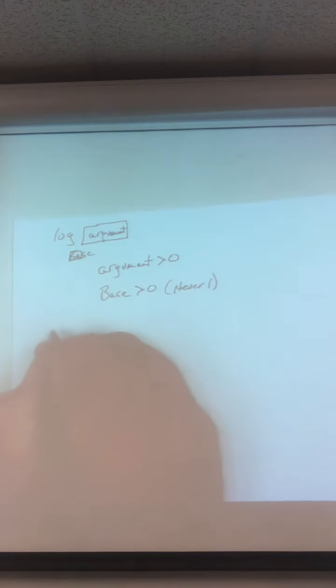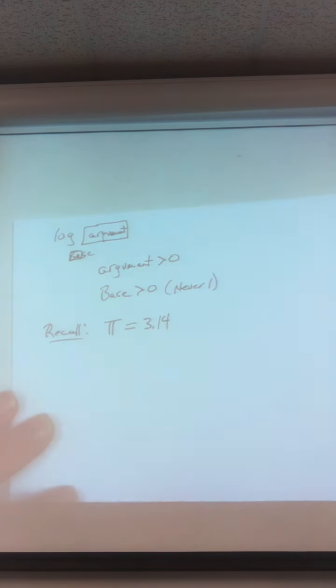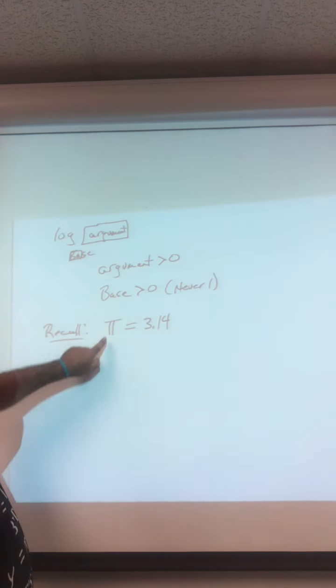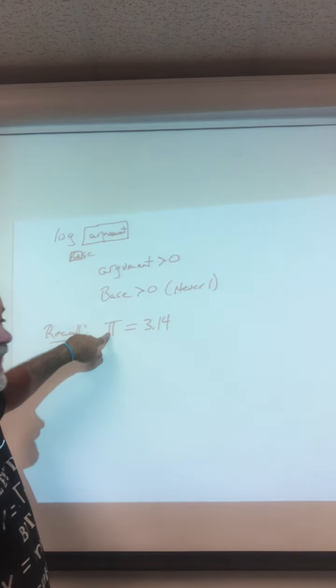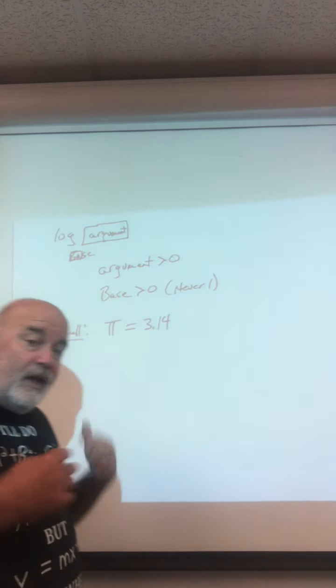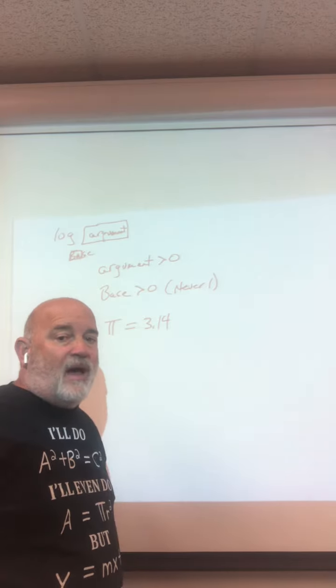So, let me just remind you something. Remember that pi from geometry is 3.14. So could your argument be pi? Yes. Are we going to ever work it where the argument is pi? No, we're not.